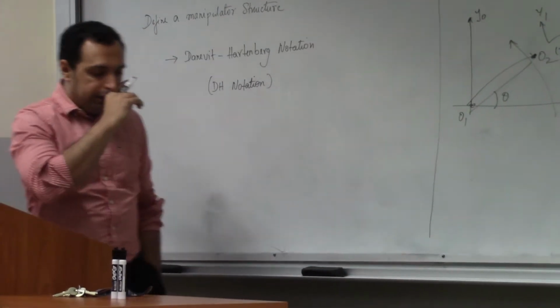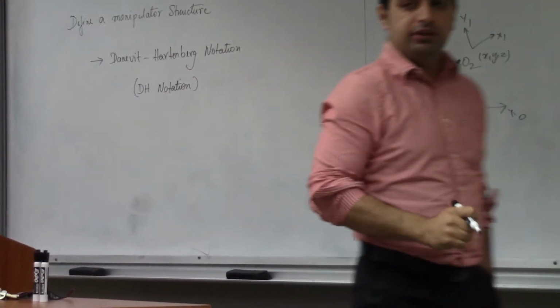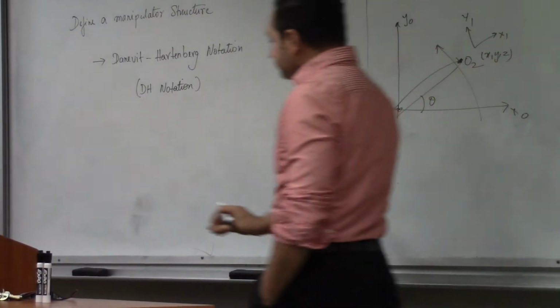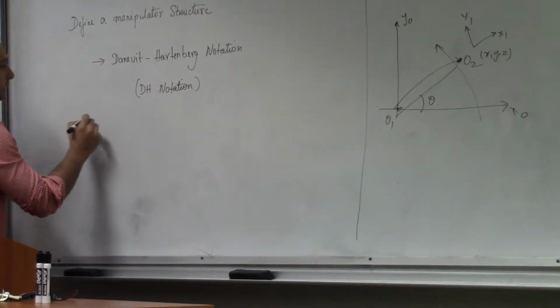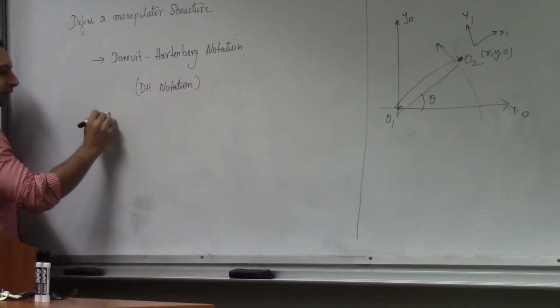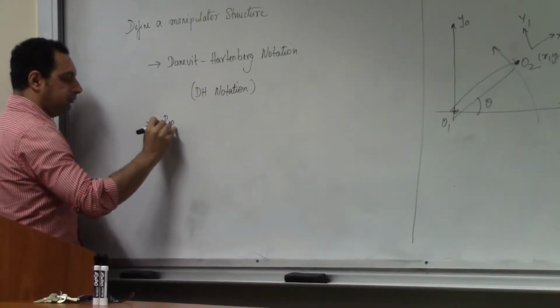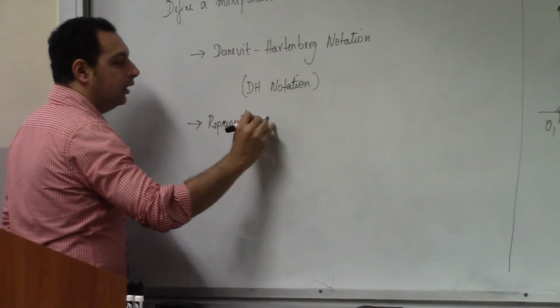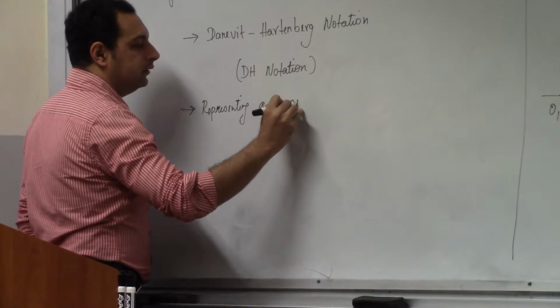A DH notation is simply a way of representing a manipulator structure. This will tell you how to write down a manipulator.